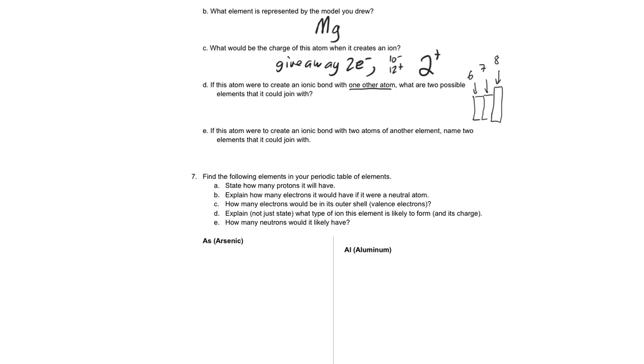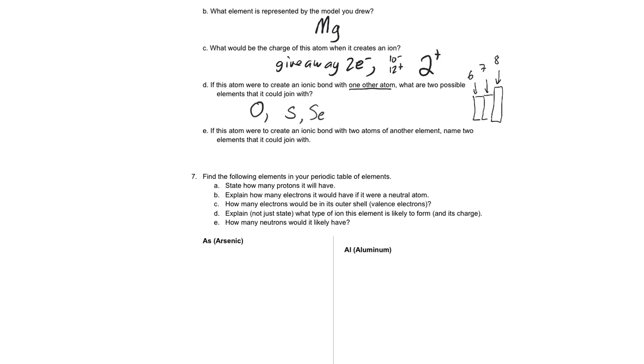Therefore, anything in that 6th column will work. That column has oxygen, it has sulfur, it has selenium. Anything in that column will work. It asks for 2 possibilities. I gave 3. Anything in that column should work out.